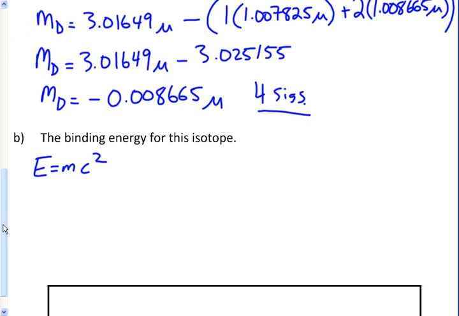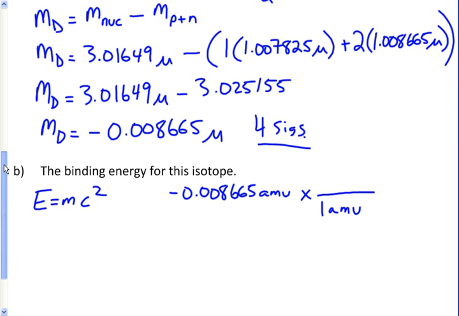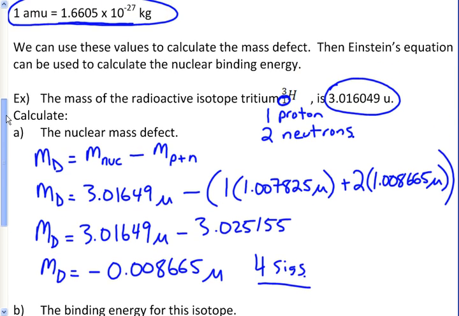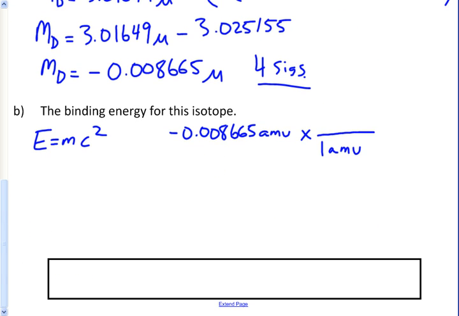So if I have negative 0.008665 AMUs, I'm going to multiply by 1.6605 times 10 to the negative 27 kilograms per 1 AMU. And now we're just going to multiply.